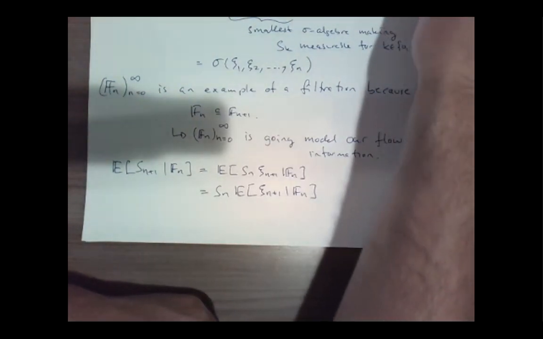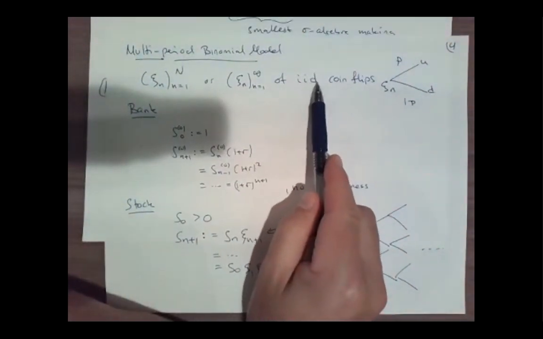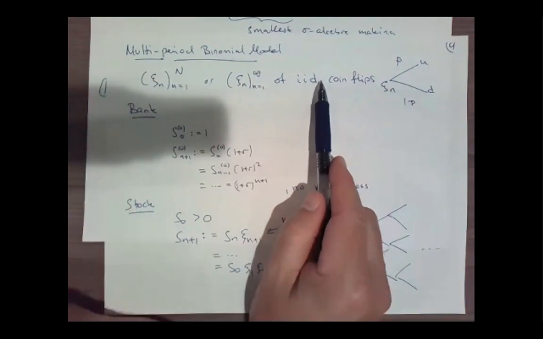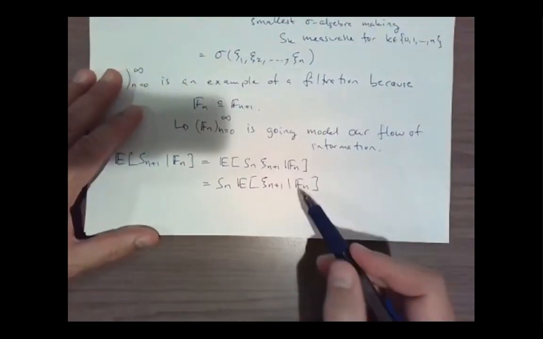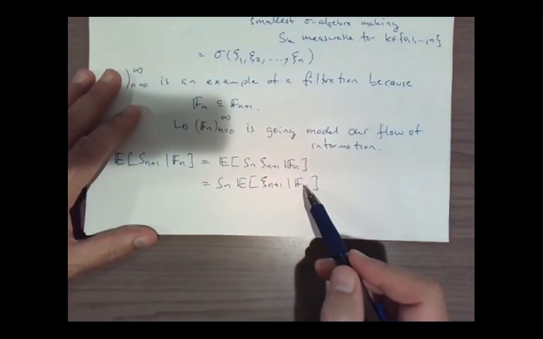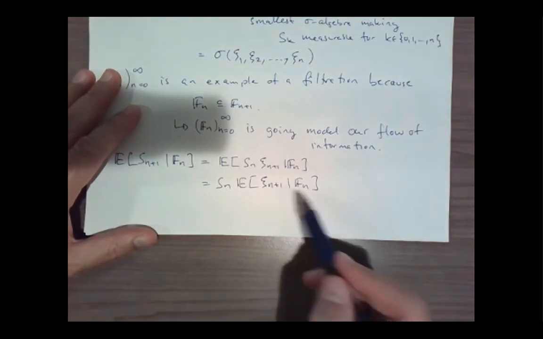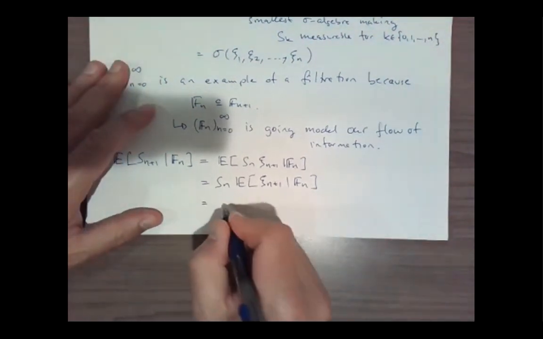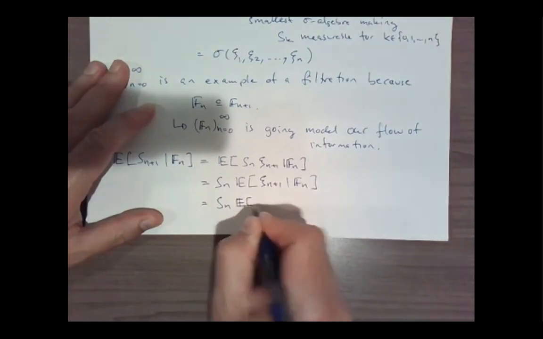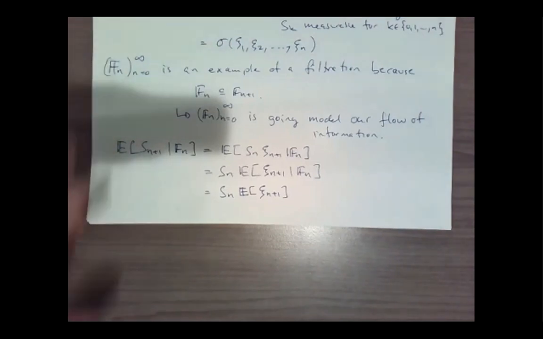But then we use the assumption that I have IID coin flips, so they're independent of each other. If they're independent of each other, that means that here I have information about the first n coin flips, and I'm trying to estimate the n plus 1th coin flip given information about the previous n coin flips. But they're independent, so we'll just get the unconditional expectation.